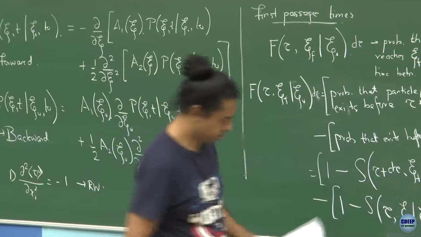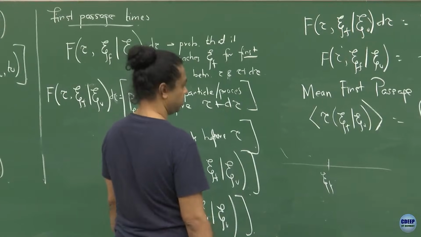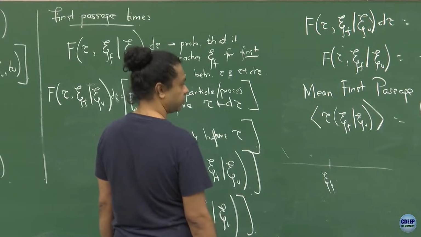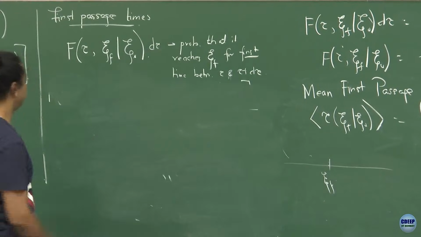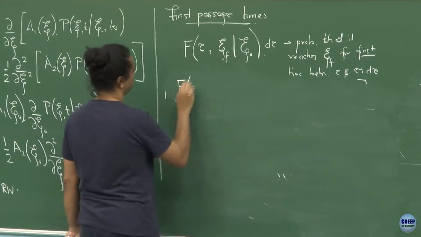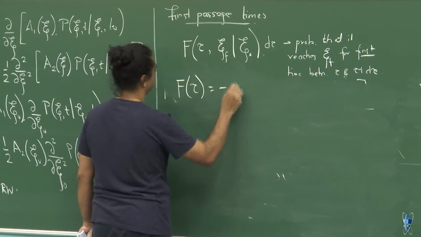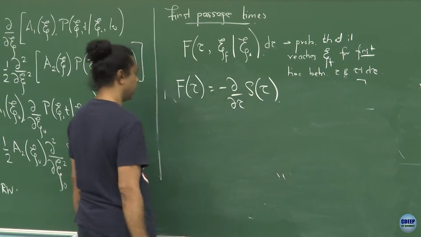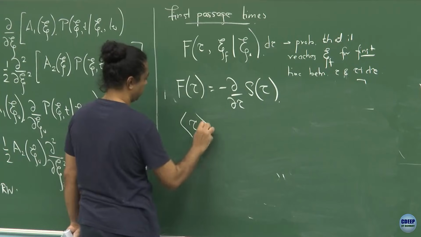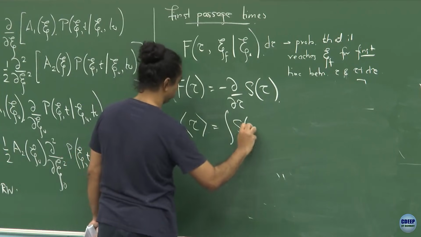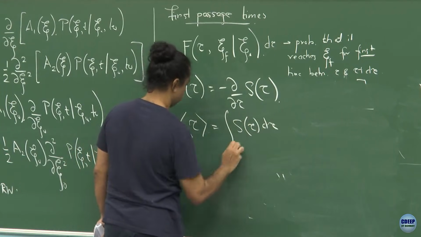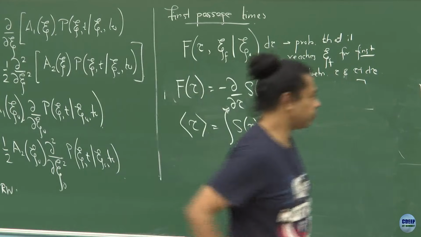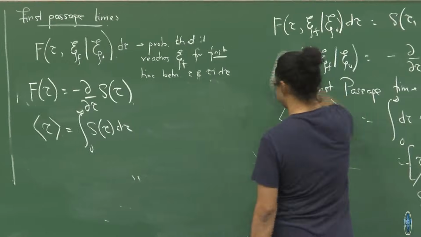Let me keep that f of tau is minus del del tau of s of tau, and mean tau is nothing but the integral of s tau d tau from 0 to infinity, suppressing all these xi f, xi naught and so on; they are all there.